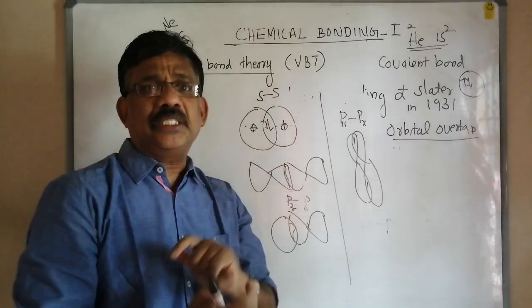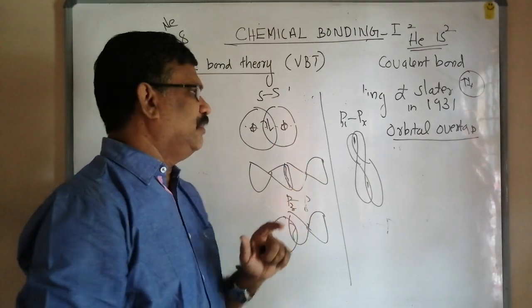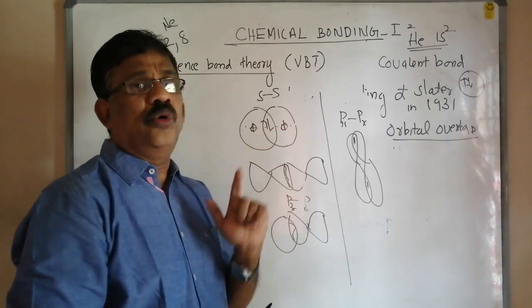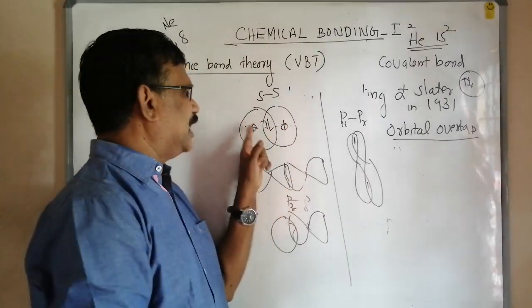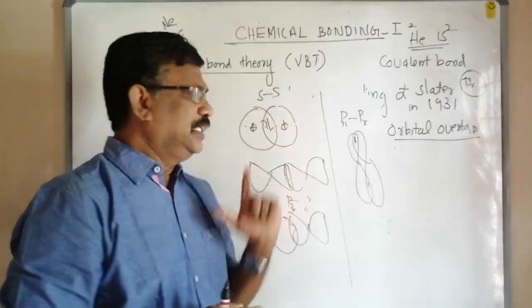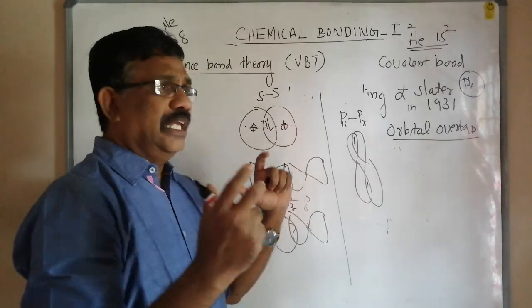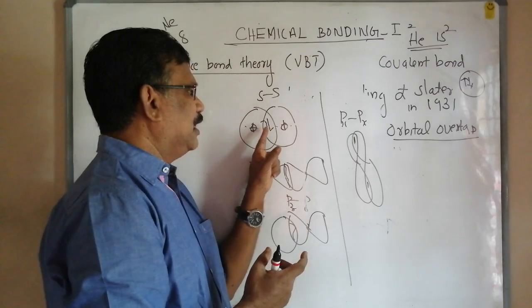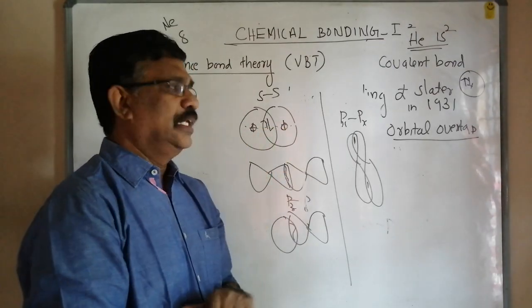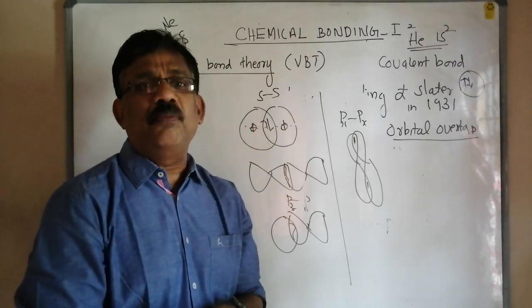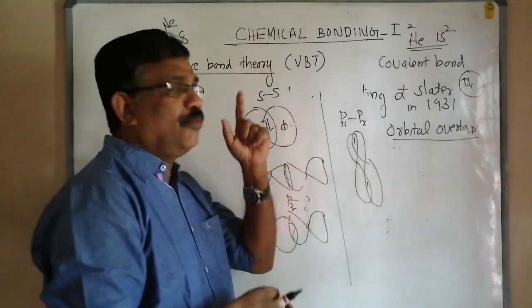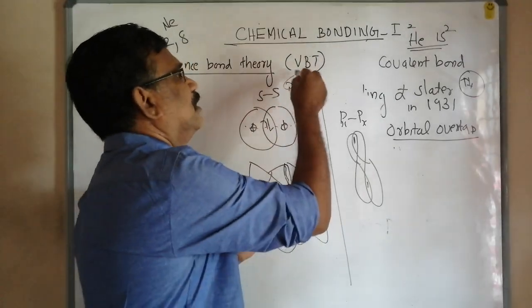A very strong intimacy, a very strong attraction between these two electrons and these two atomic nuclei. Positive center nuclei attract negatively charged electrons. So a very strong attraction between the pair and these atomic nuclei. That is why the covalent bond formed is very strong. Such a strong bond is called a sigma bond.